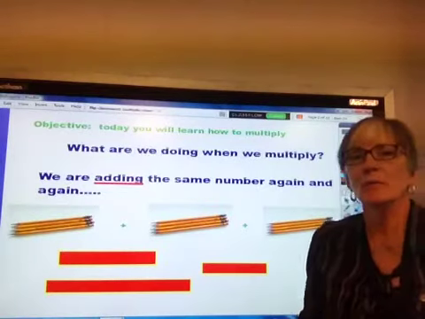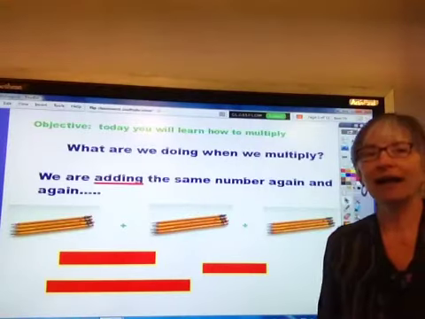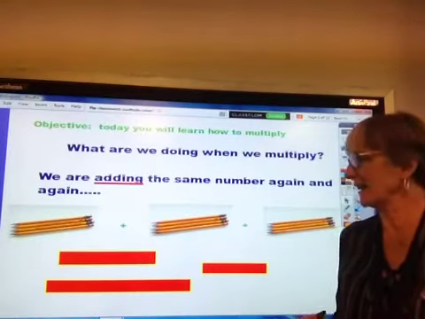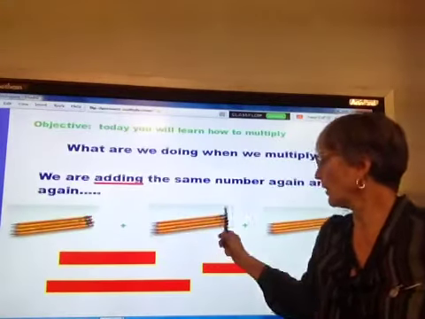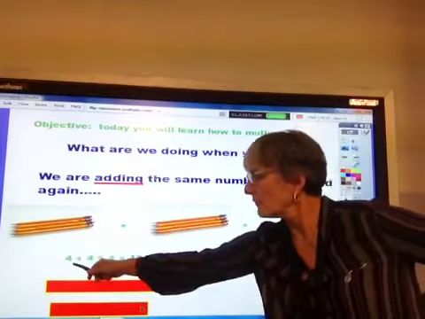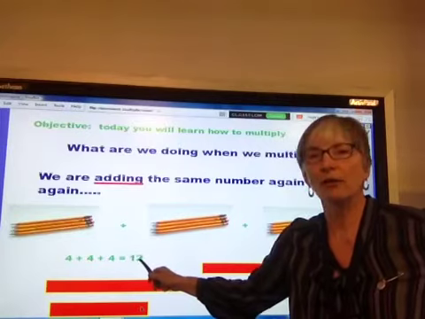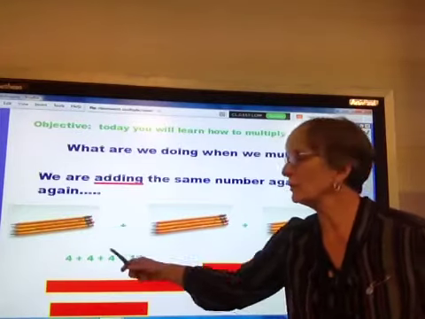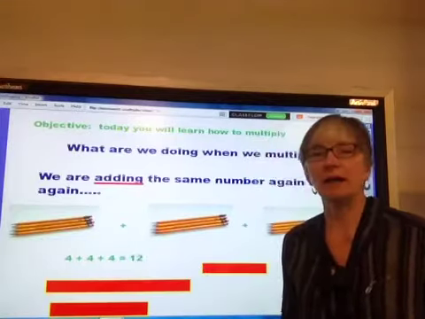What we are doing when we multiply, we are adding the same number again and again and again. Look, 4 plus 4 plus 4 equals 12. But how many 4s did we have? 1, 2, 3.